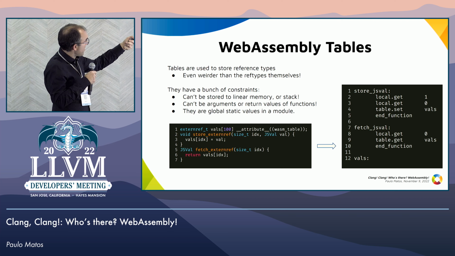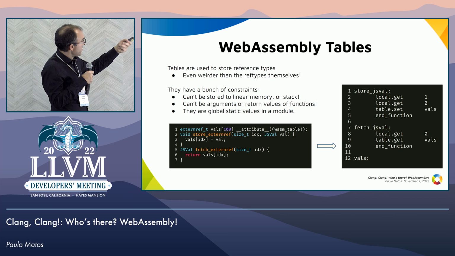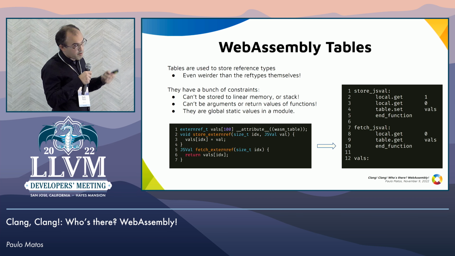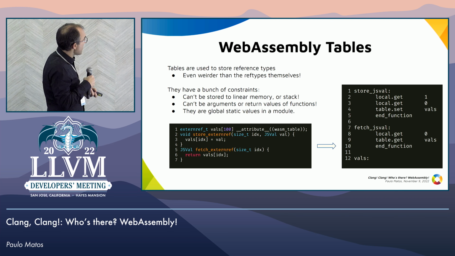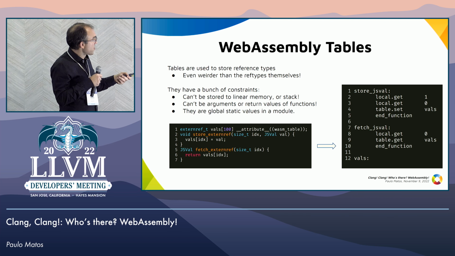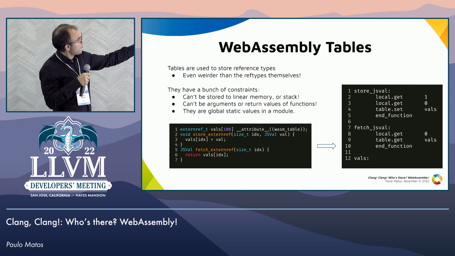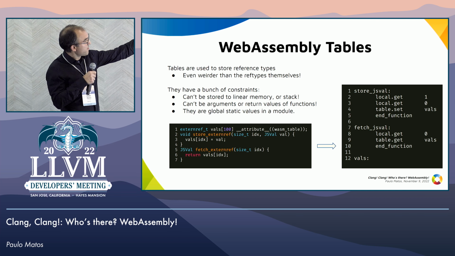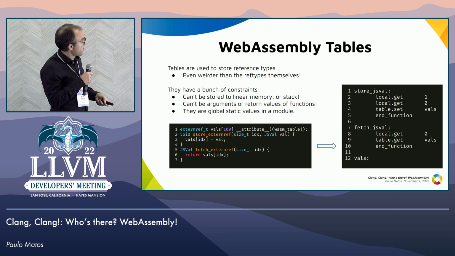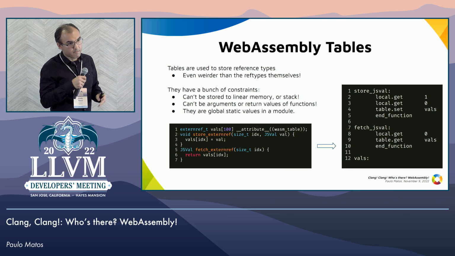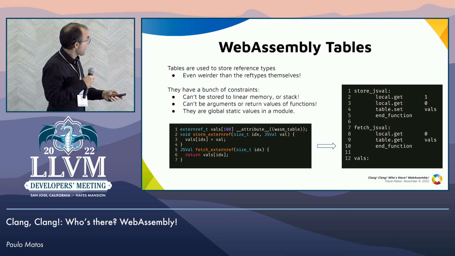So we have an array of externrefs, and we give it the attribute wasm table. And we do, again, a store and a fetch, and we would expect something like that to be generated. We basically just get the first two arguments of the function to store, and we call table set. That's it.